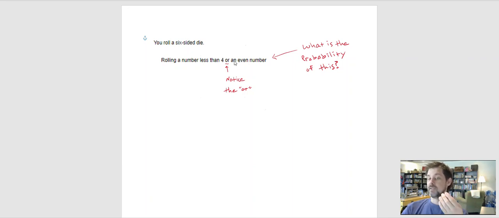The "or" makes a more complicated event. Ultimately what I want to do is talk about how we can calculate the probability of something like this. For everything here, the type of compound event we'll be dealing with will have an "or" in it. All right.